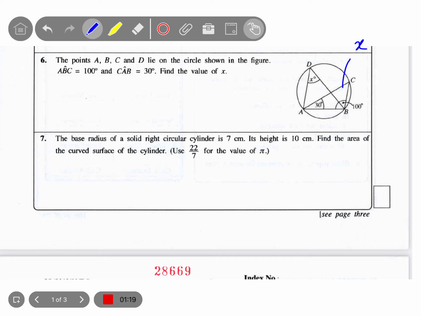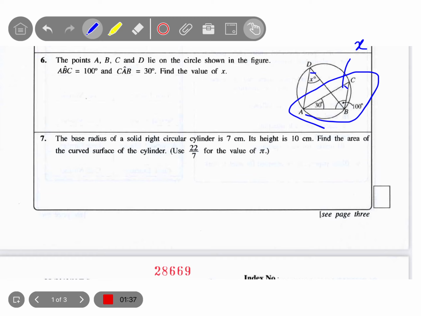Now ABC, this one is 180 degrees. That's a triangle. So yet again another triangle problem. The only tricky part here is to remember that the angle ADB is equal to ACB, so that is x.